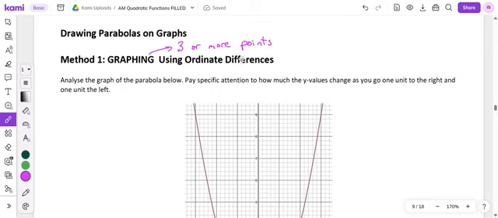The first method I'm going to teach you is called using ordinate differences. I call this the step pattern. So write down step pattern because that's what I will probably refer to it as.